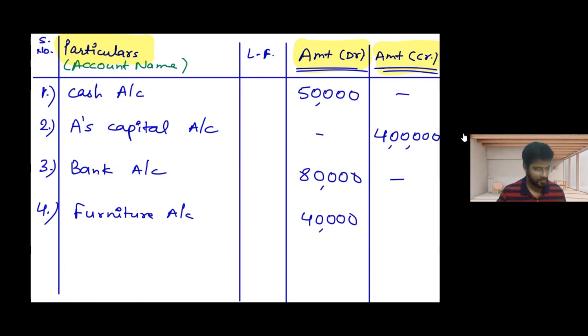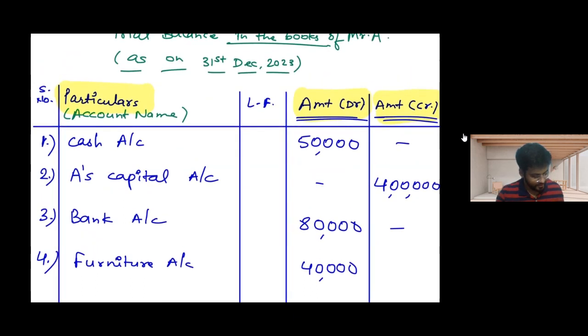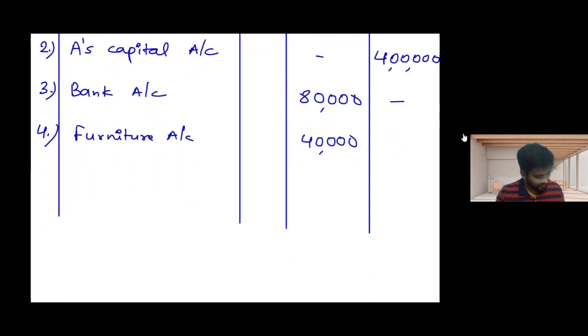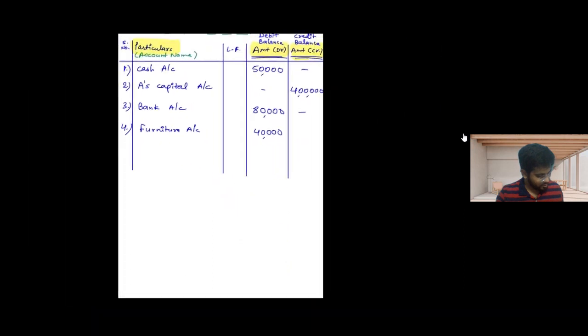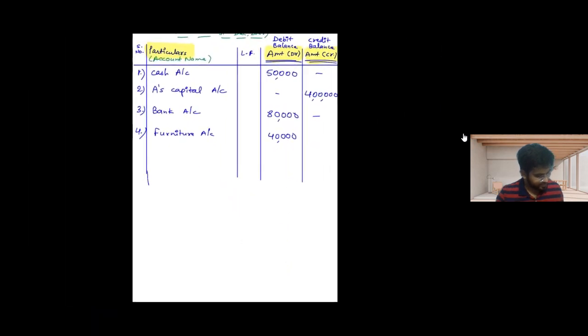This is called a debit balance, and this is called a credit balance. Now we have to fill up this whole trial balance based on our question which was given earlier.